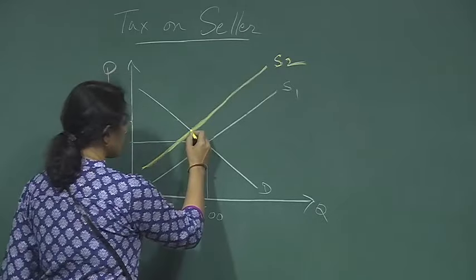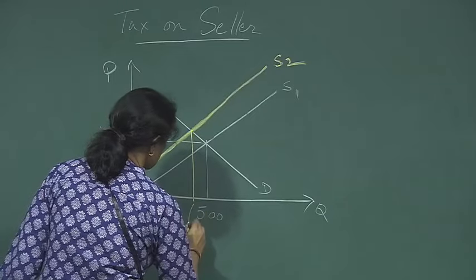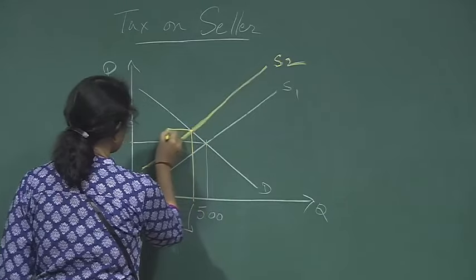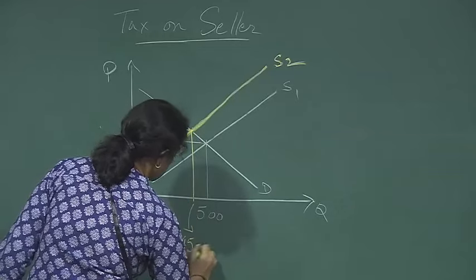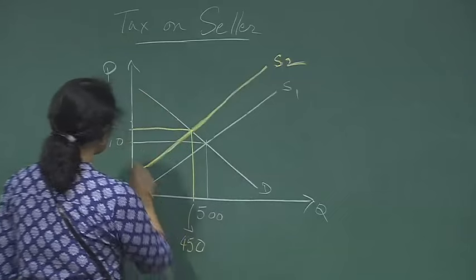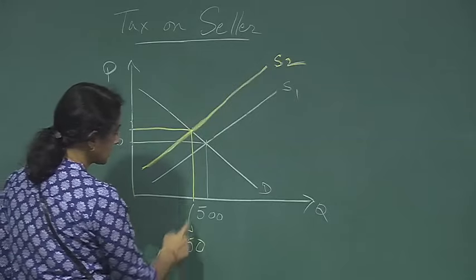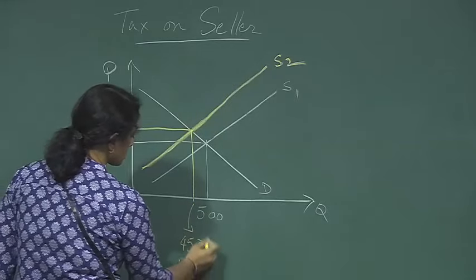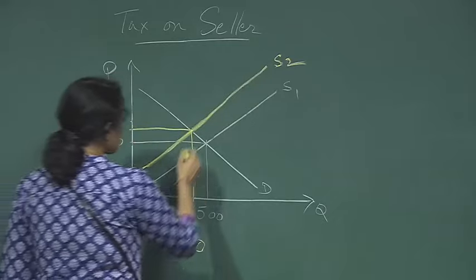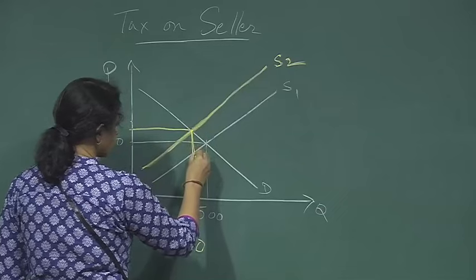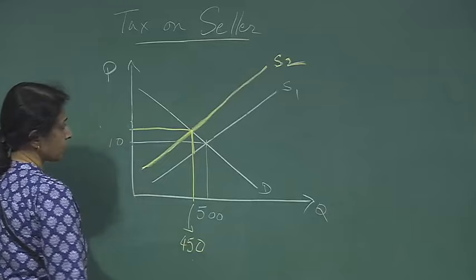The demand curve intersects with the new supply curve, and the equilibrium is at this point, which is at a higher price than the equilibrium price of 10 rupees, and at a lower quantity, which is 450 units. This is the amount of tax that has to be paid to the government.